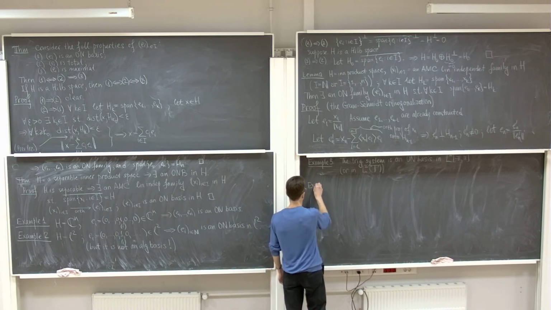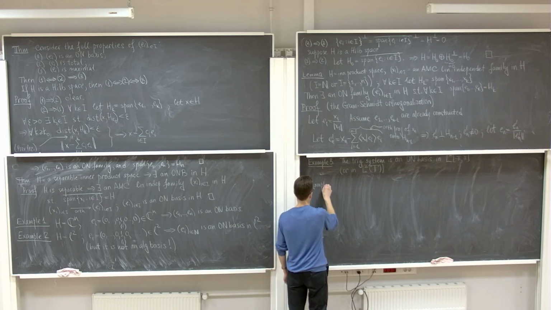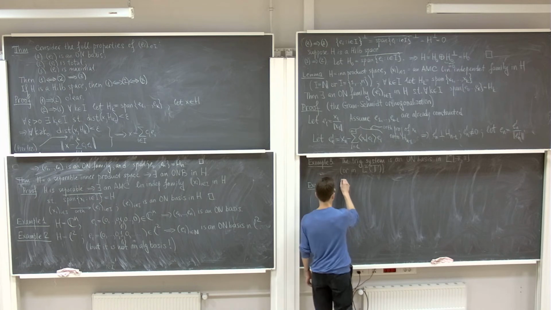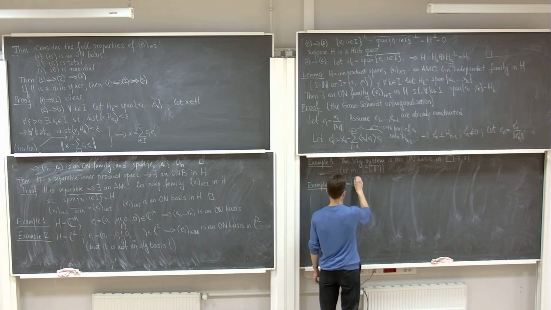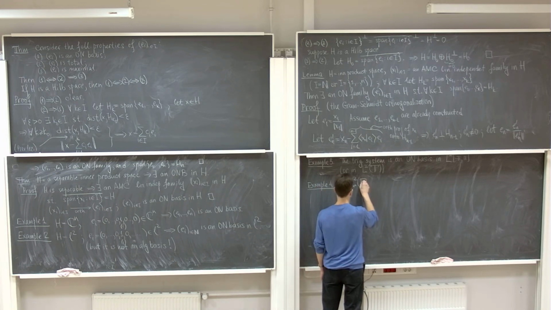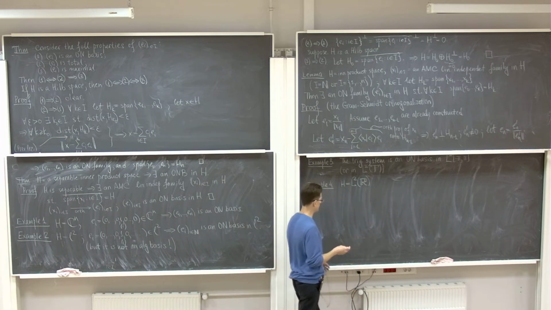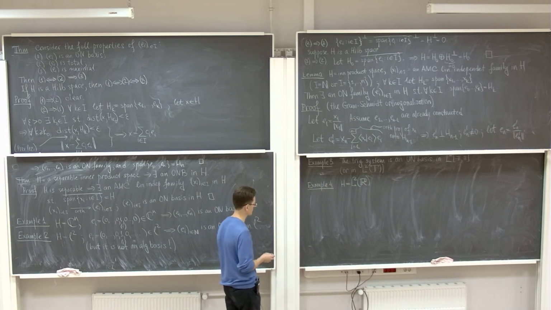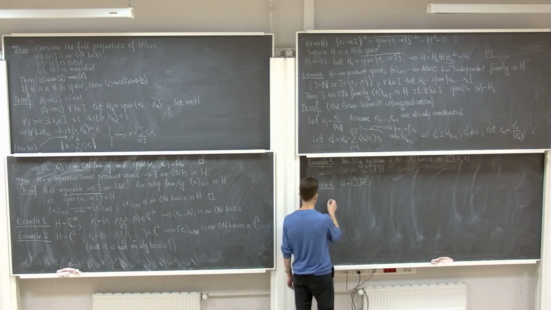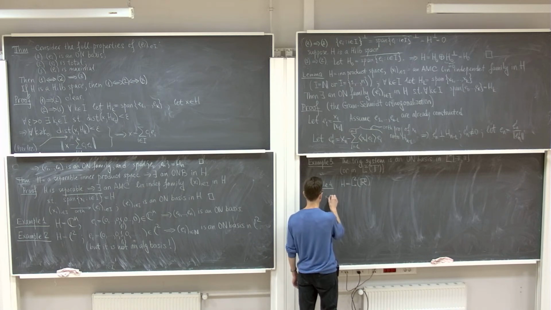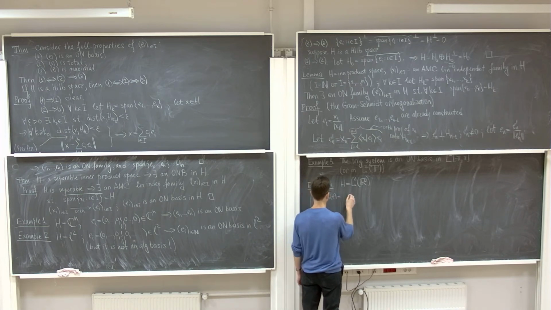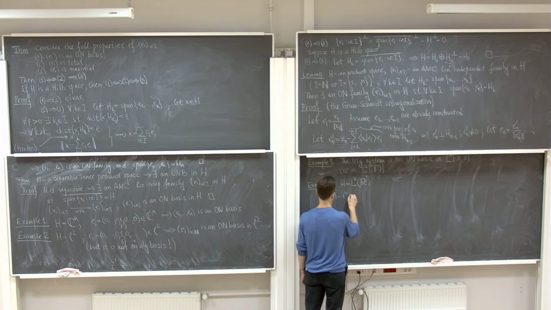Example 4 is also quite classical. So let H be the L2 space on the real line, equipped with the Lebesgue measure. And let's denote by xn the following function on the real line, given by the following formula.